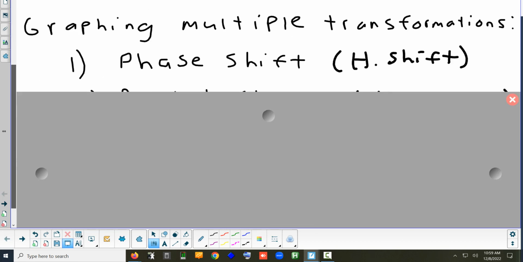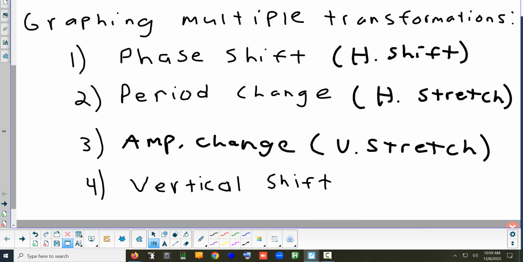Okay, I already pretty much gave you this order in more of a diagram format. Should we get those terms down? Like if they ask which of these numbers is a period change, we should know that that's a horizontal stretch. Yes, I may use the word phase shift. And if you said to me, I don't know what a phase shift is on the test, I wouldn't tell you. You need to know a phase shift is a horizontal shift.